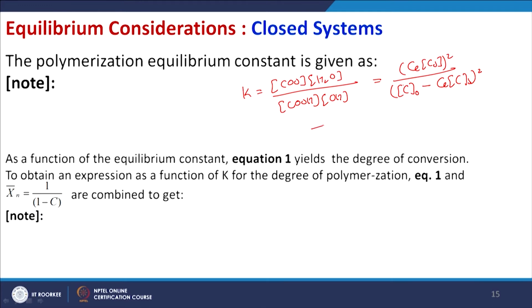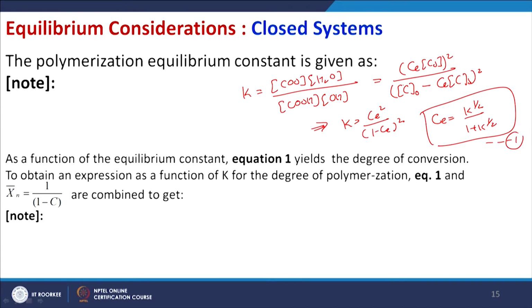If we simplify this, it gives K is equal to CE upon (1 minus CE) square. Now, if we solve it for CE, then this can be K to the power half upon 1 plus K to the power half. That can be represented as equation number 1.